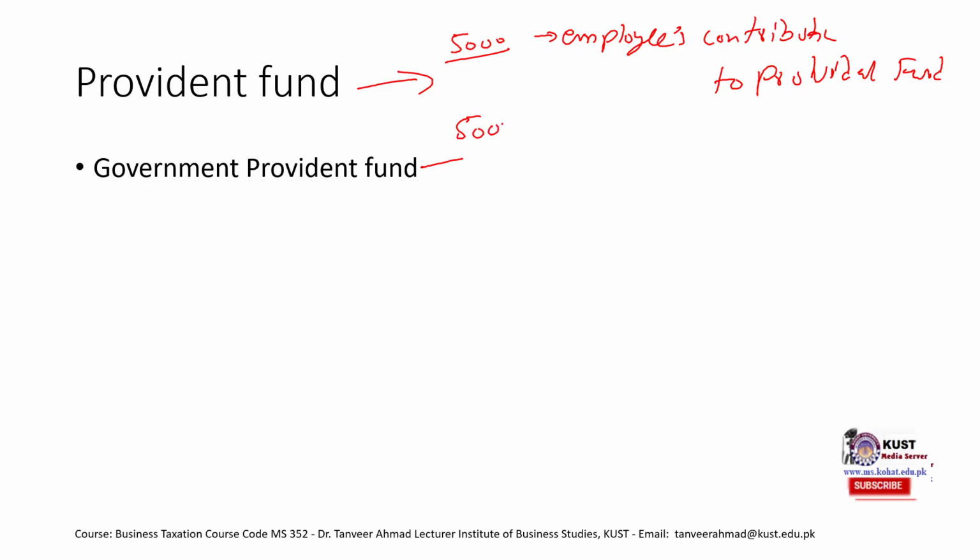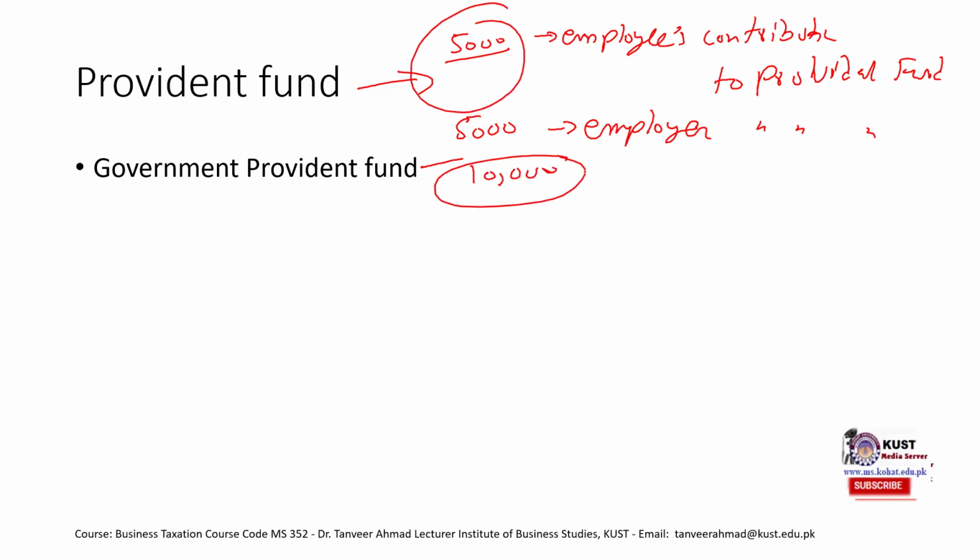Similarly, some amount, let's just say 5,000, would also be provided by the employer. So this would be called the employer contribution to Provident Fund. So monthly there are 10,000 rupees being saved. This amount is then invested, and when this employee retires, this whole amount, the employee's contribution, the employer contribution, and the interest calculated on this amount would be provided to this employee.